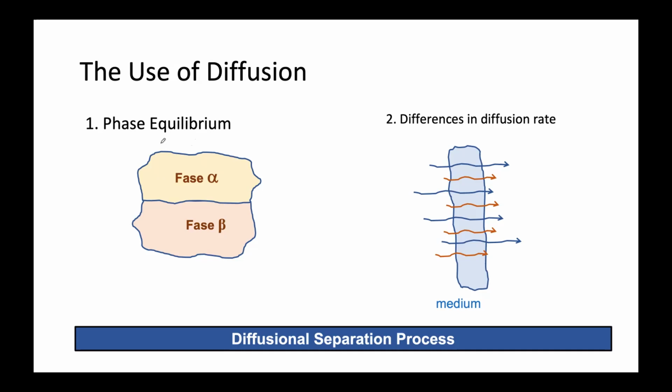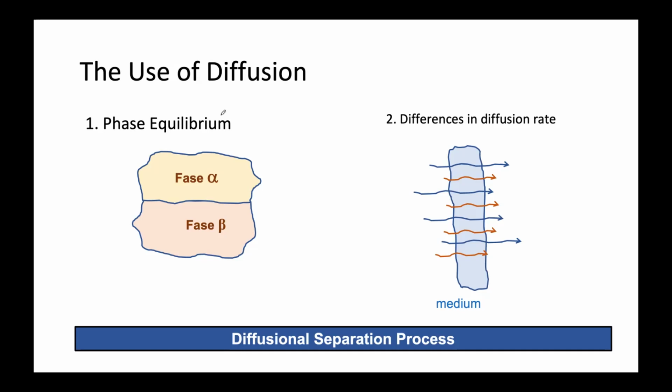Of course, if you have two phases, vapor and liquid, they don't mix together, so they can be separated, one for the vapor phase, one for the liquid phase. So we're going to bring the mixture into phase equilibrium, then we get the vapor phase and the liquid phase, and then we can separate them.